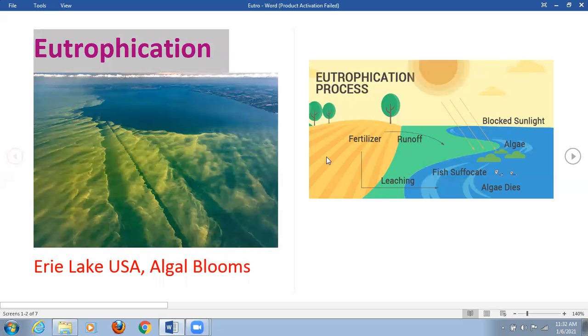Because of eutrophication, there is a chance to lose biodiversity. Different important zooplanktons, which are an important part of the food chain, may get lost. So yeah, this is an alarming situation, as I told you. If the food chain gets disturbed, then everyone is affected, including human beings. That's why it is very important to understand the concept of eutrophication.